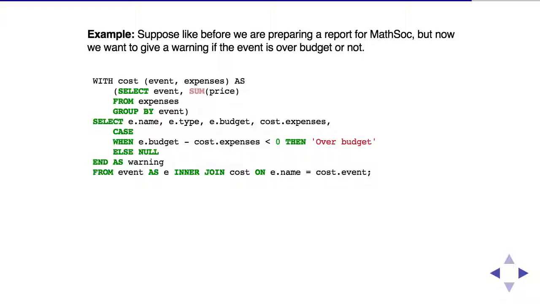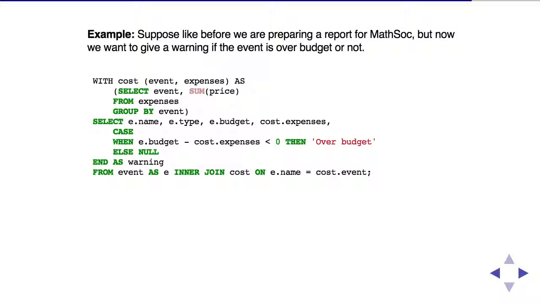If we select name, type, budget, cost, expenses, and when the budget is less than the expenses, then that's a negative value, and we'll return over budget.